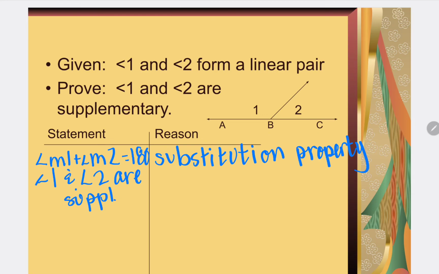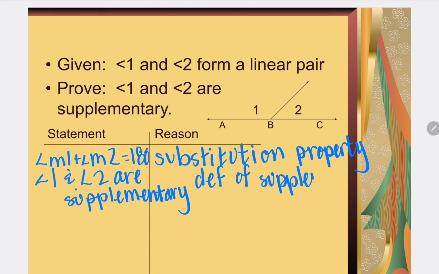And this is the definition of supplementary. So that's our proof of the linear pair theorem. In class, we'll be proving congruent supplements, congruent complements, vertical angles theorem, and the right angle theorem as well.